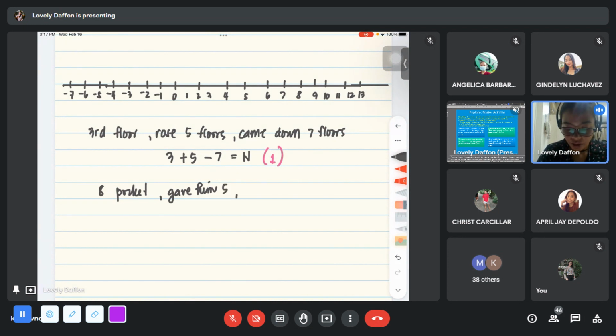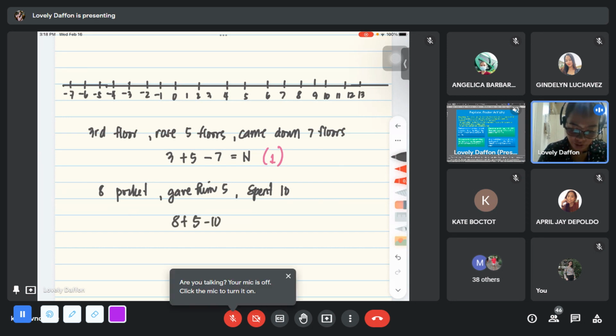And then he spent $10 on a new shirt. What is our numerical equation for this? 8 plus 5 minus 10. Okay, that would be 8 plus 5 minus 10 equals n. Don't forget the equals n, because it can no longer be called a numerical equation without it.